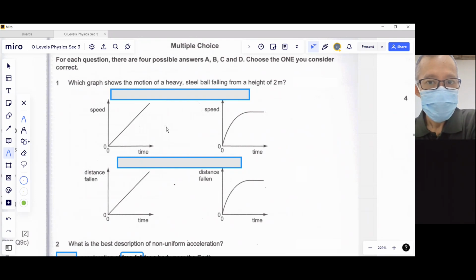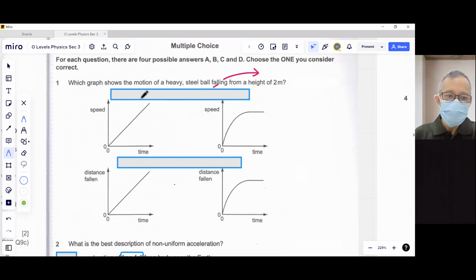Steel ball falling from a height of 2 meters. Heavy steel ball. Go on, Fujin. The first one. Yes, your answer, Fujin. First one. Excellent. Make sure you get A.